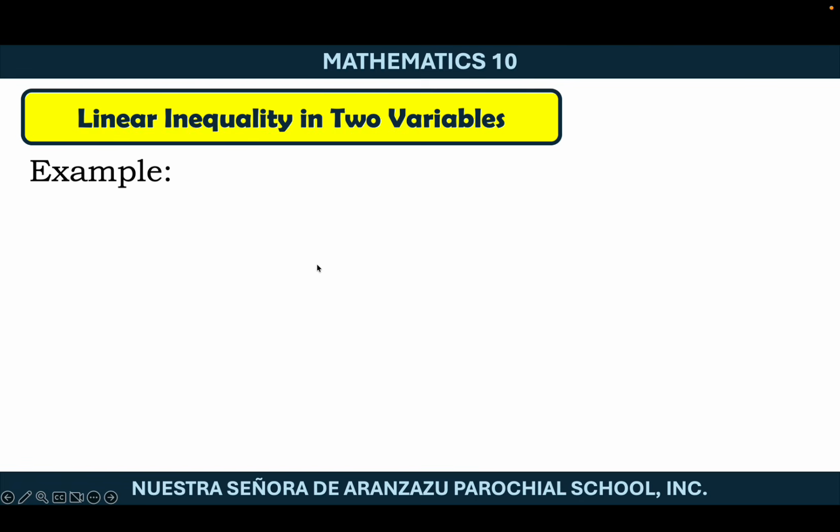Now, these are examples of a linear inequality in two variables. We have x plus y greater than 3. As you can see, there are two variables, x and y, and we use an inequality symbol, so we say it is a linear inequality in two variables.